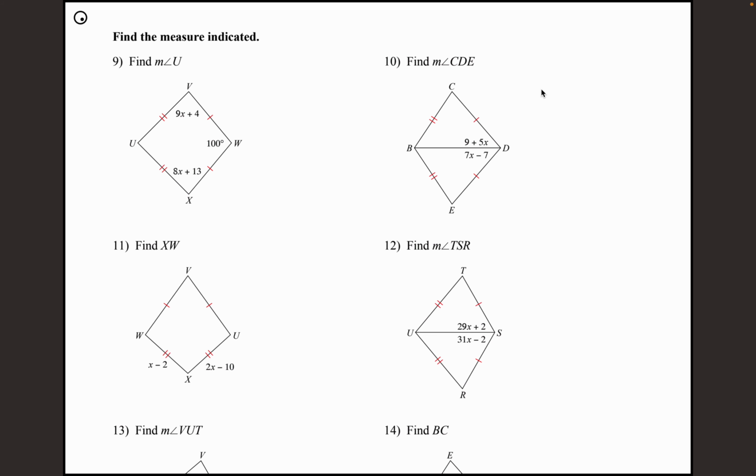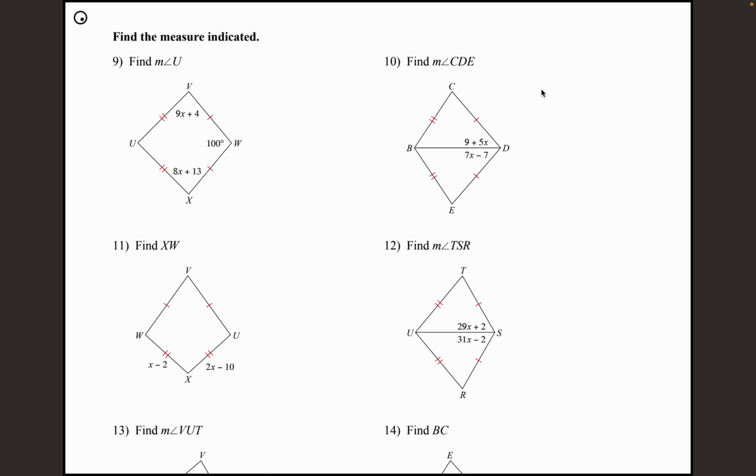You're finding the measure of angle CDE. First, we need to find the measure of x. First, we need to find x. So we have 9x. Oh yeah, U and W are not congruent. So you have to find x plus 13. You need to find x. Minus 8x, minus 8x. x plus 4 equals 13.